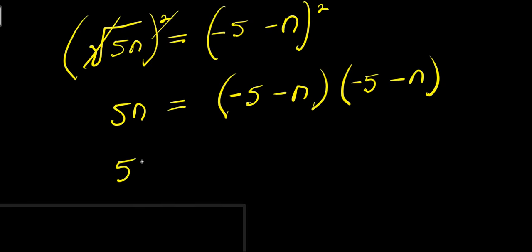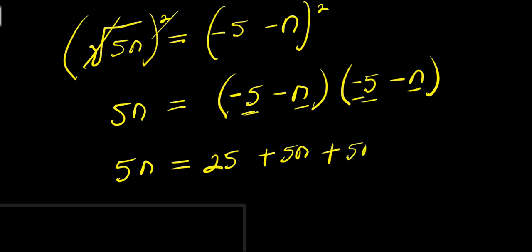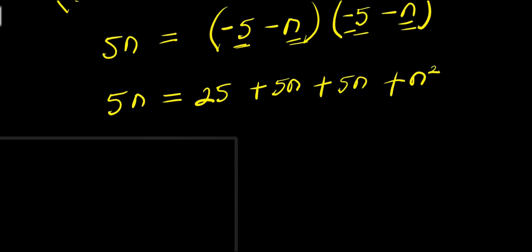So from here, I have 5n equals negative 5 times negative 5, this is 25, negative 5 times negative n plus 5n, this times this, plus 5n, this times this, plus n squared. So from here, our 5n equals 25 plus 10n plus n squared.